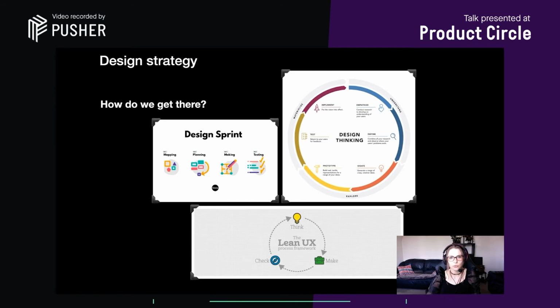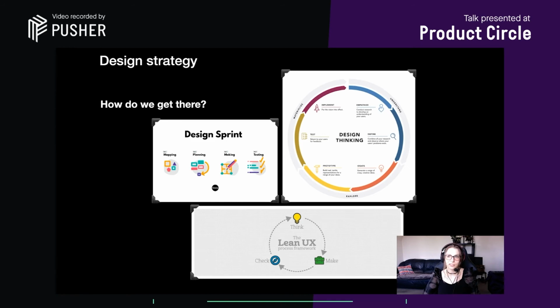So the actual technical aspect of how do we get there, you have some really good design frameworks out there. For example, Design Sprint, Lean UX, or Design Thinking. Whichever you choose, it depends really on the company that you're working with, the clients that you're working with.